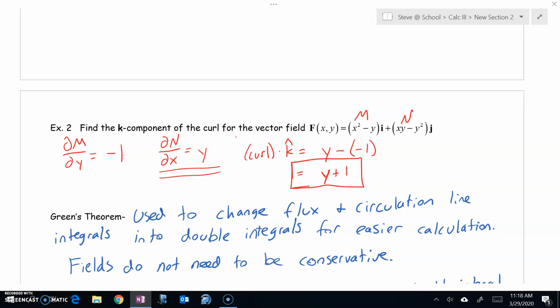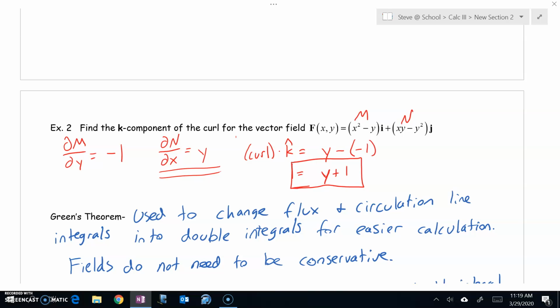Where this really comes into play is if we have paths that are linear in nature, such as squares, rectangles, triangles, because if we had to do the way we did it in 7.2 with parameterizing each path, we would have to do basically 3 or 4 separate line integrals based on the parameterizations of each path going around that square or going around that triangle. Whereas this lets us change it into a double integral, which we learned about earlier this semester, and it'll make it easier to calculate.